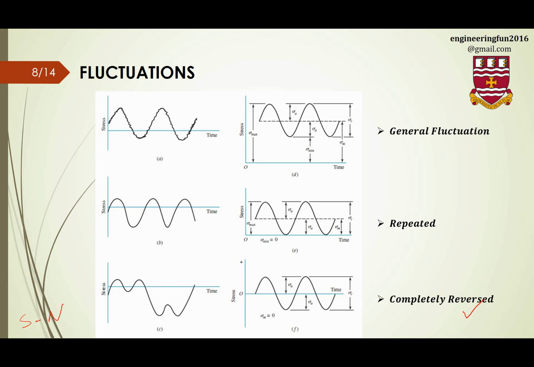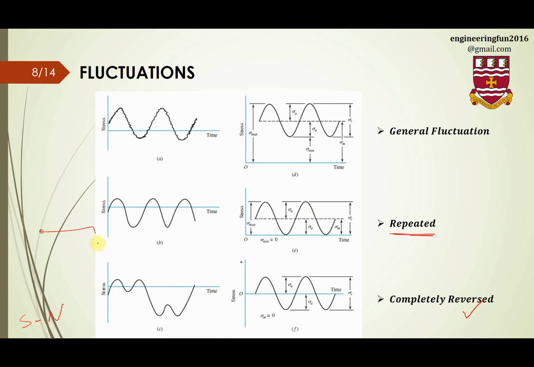But in real life, we don't always have this scenario. We can have a repeated scenario. By repeated, we mean that we start from zero and we go to fully tension, then we go to 0, then again we go to some amount of maximum, then we go to 0.